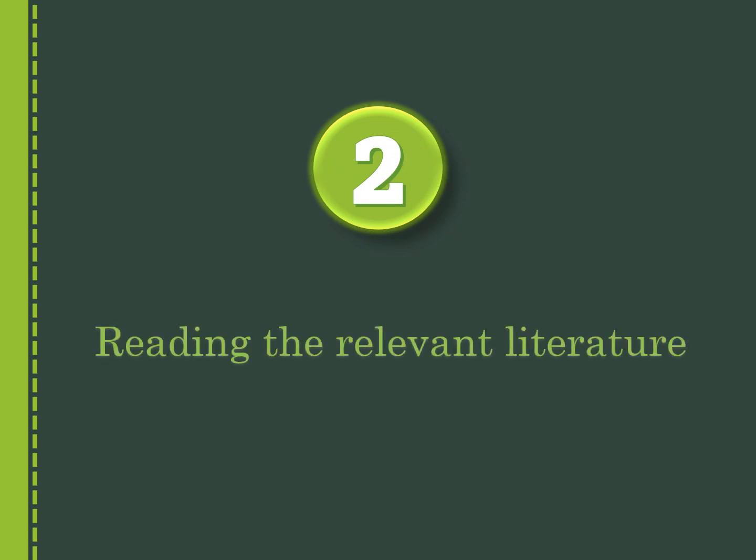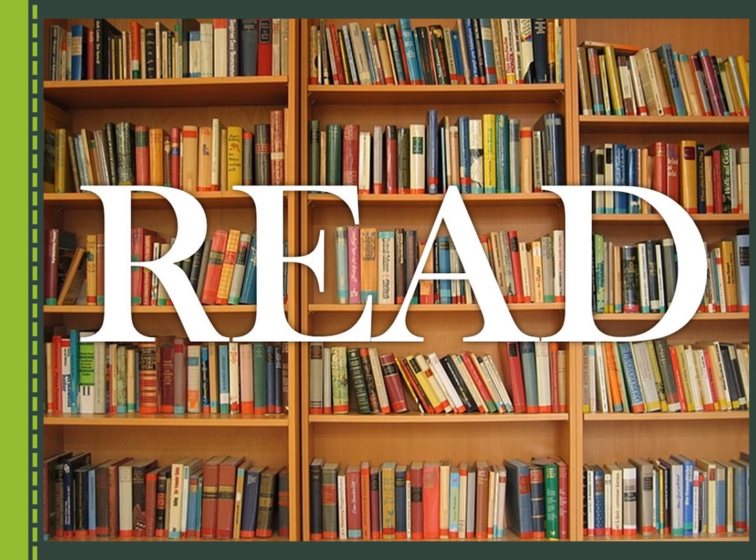The second step involves reading the literature on your specific topic in order to gain a better understanding of what has already been researched by other scholars in the field and what therefore already exists or does not exist in the current body of knowledge.